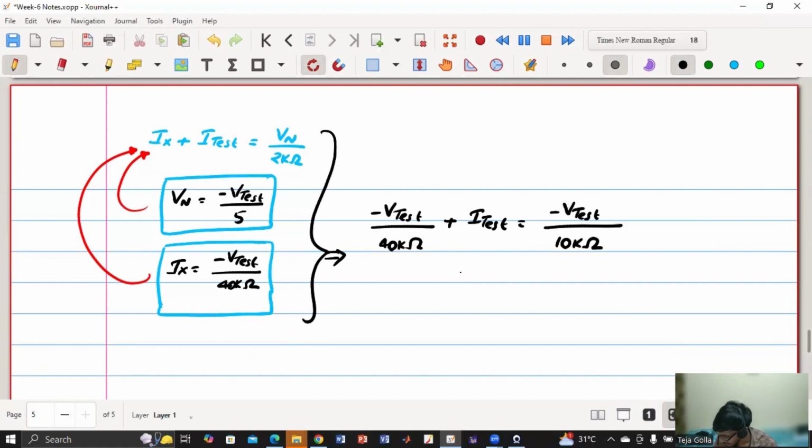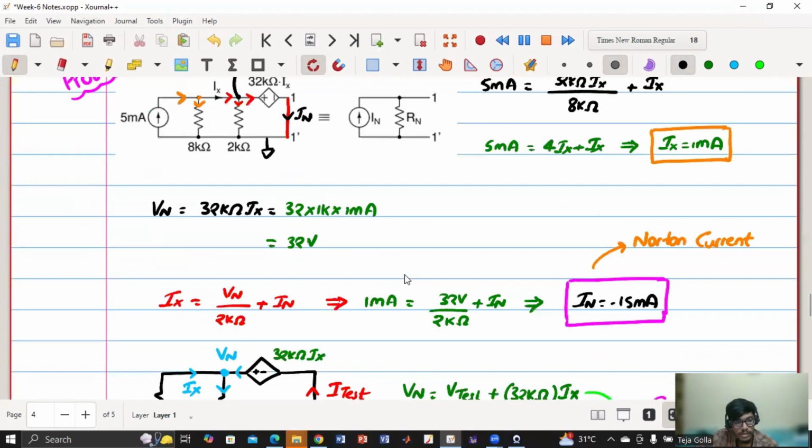So now if you calculate, I test is nothing but V test by 40K minus V test by 10 kilo ohm. True? Agree?